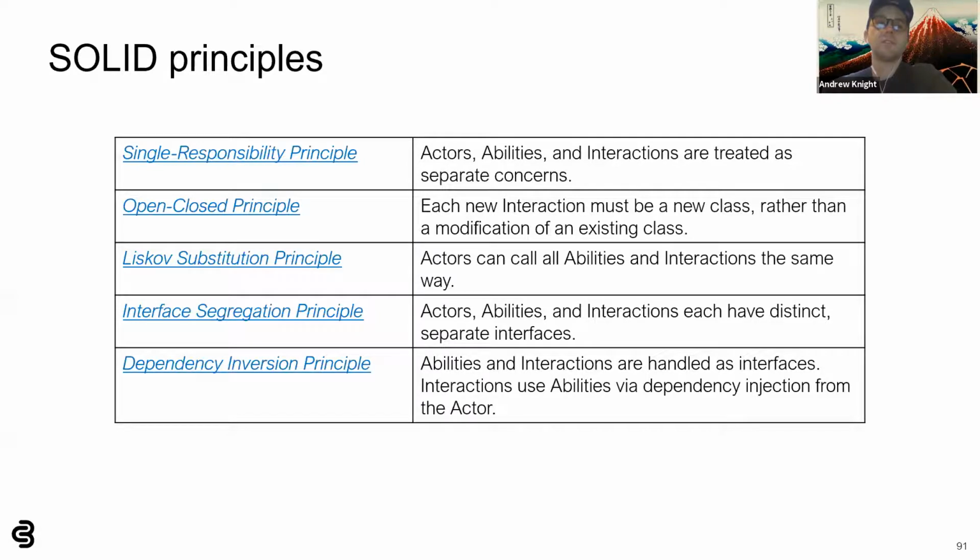SOLID refers to five design principles for maintainability and extensibility. I won't go into detail about each principle here because the information is a bit dense. But if you're interested, then snap a quick screenshot and check out each one of these principles later. Wikipedia is a good source. You'll find that the screenplay pattern follows each one nicely.